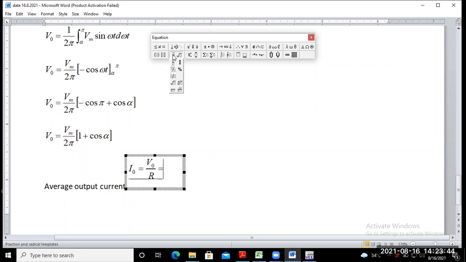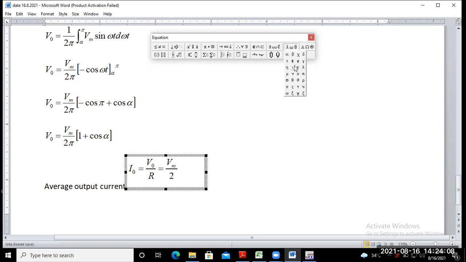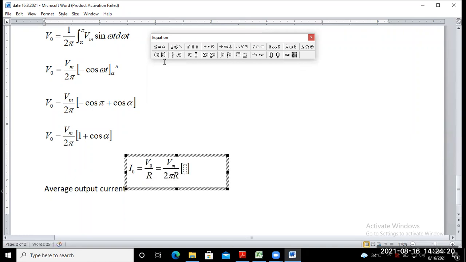So I0 is Vm by 2 pi R into 1 plus cos alpha.